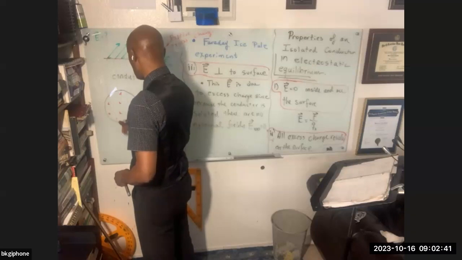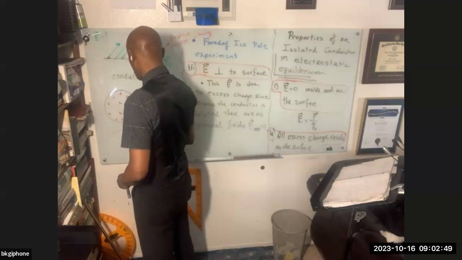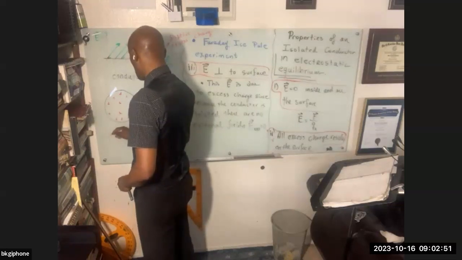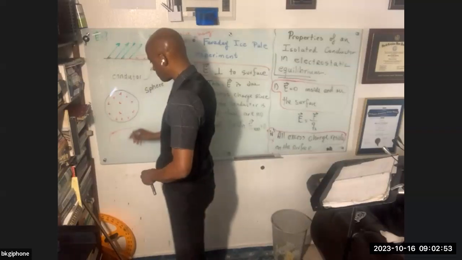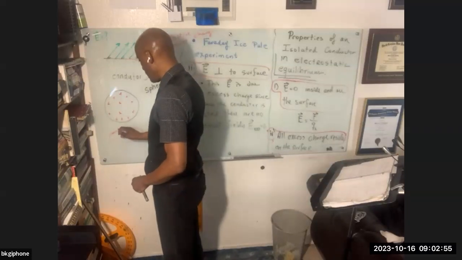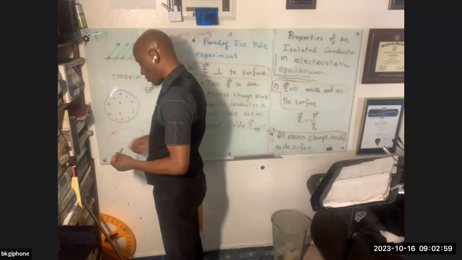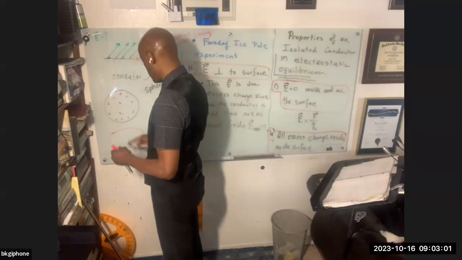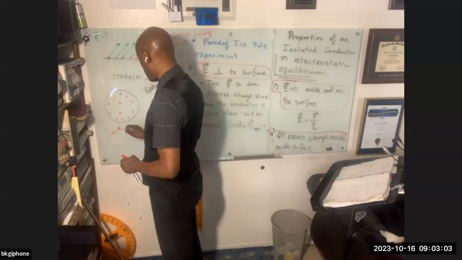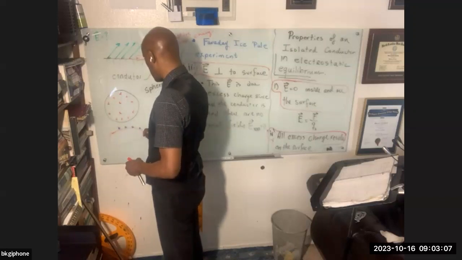But if you did have objects that were non-uniform, like something like just consider an oval shape, what you would see is that it won't be equal. The charge won't be evenly distributed over the object as it moves away. It's going to be more accumulated on the areas where you have the corners.